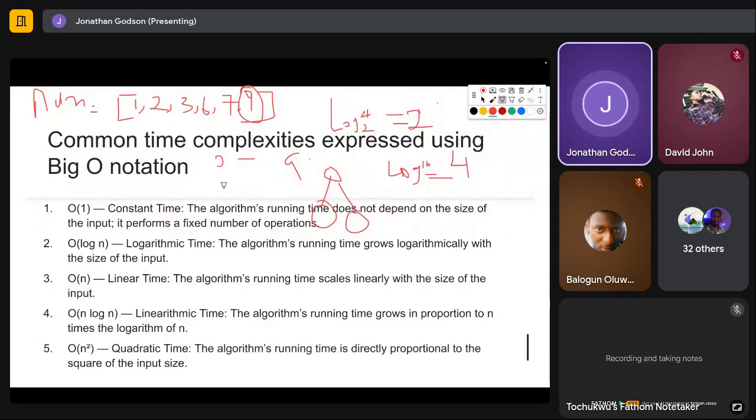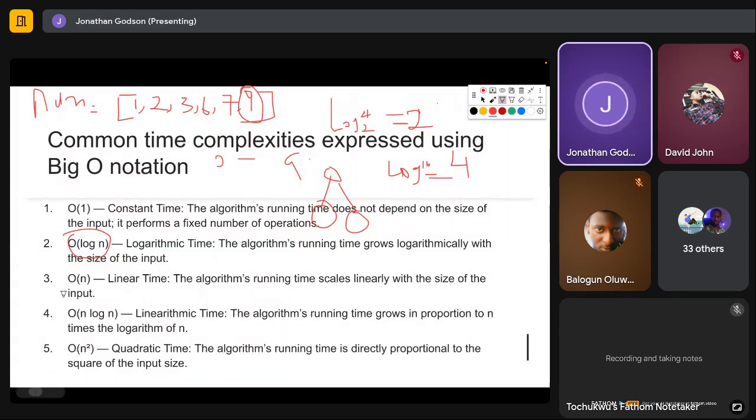So whenever you see O log n, a good example is binary search. For each iteration, you divide the input size by a constant factor. Whenever I see such a situation in your algorithm, it is an example of O log n.